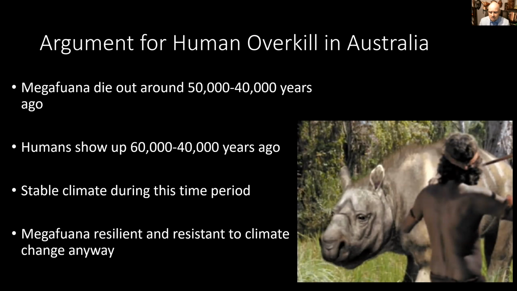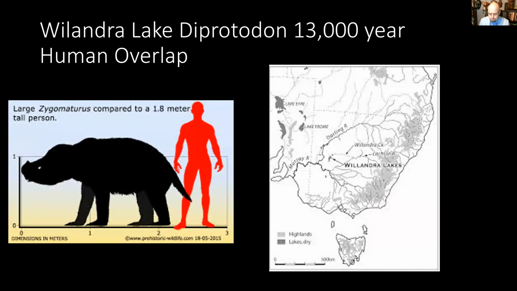They may be natural, or this may be human caused, humans harvesting and breaking these eggs. But there's not a smoking gun, or a smoking boomerang, we could say, for this overkill.